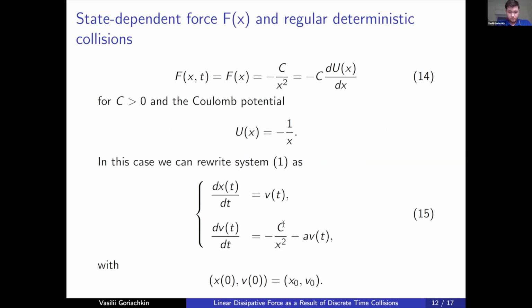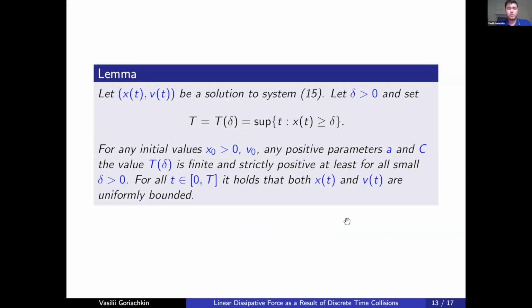So this is the model with friction, with this particular force, the Coulomb potential, and here we need an auxiliary lemma. Then there exists some time T, the supremum of t when x of t is greater than delta. Because there is a really huge force which attracts our particle, it will eventually go to 0.